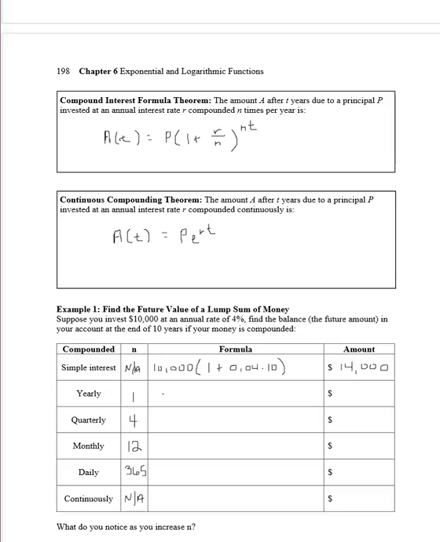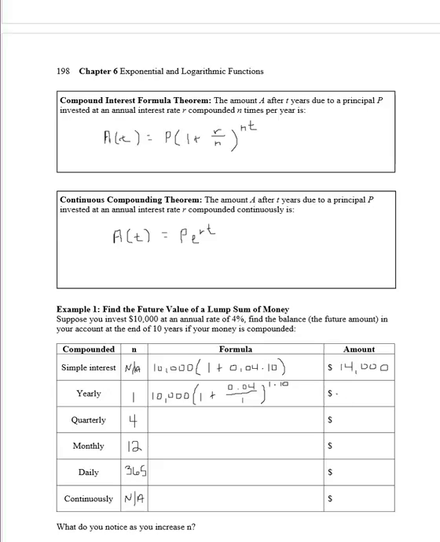For yearly, we're going to use the compound interest formula. So we have 10,000 times 1 plus the rate divided by the number of times compounded yearly, which is 1, raised to the number of compoundings per year times the number of years.